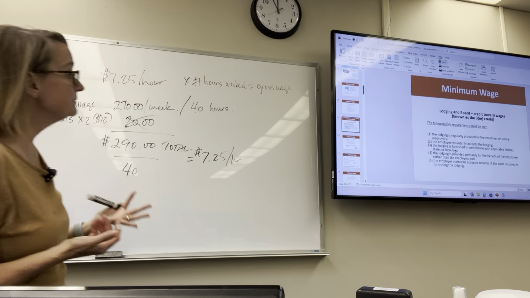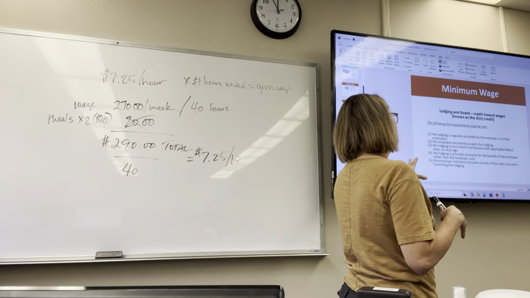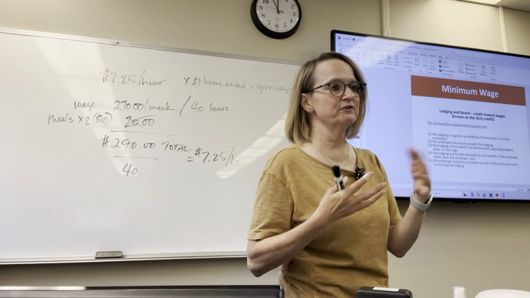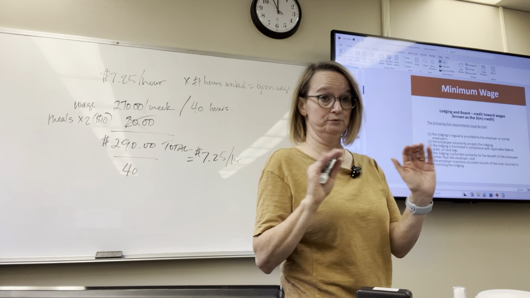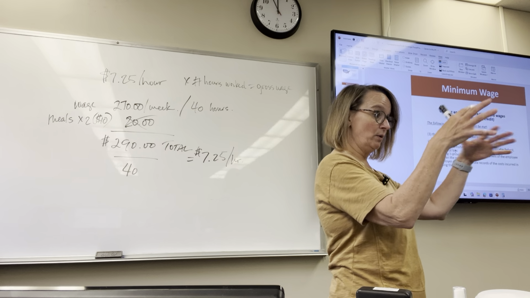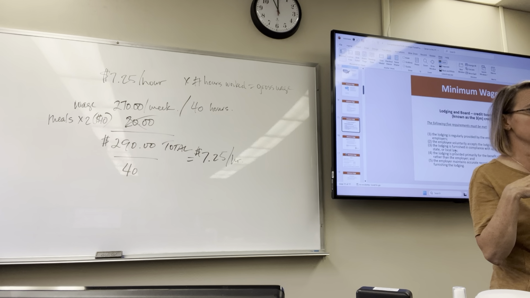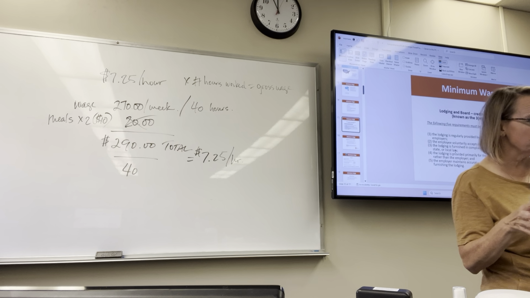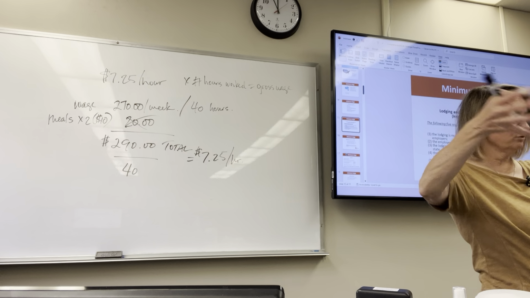Okay, so lodging and board. There have to be five requirements. For lodging, I always use the example of a hotel manager. Maybe the hotel wants you to stay there, on the premises, in case you have to fix any problems that come up. So they provide you with a hotel room so that you can do that.